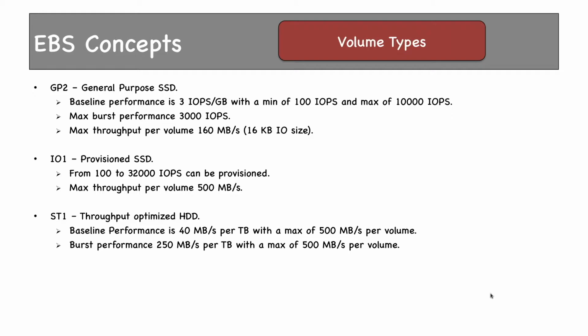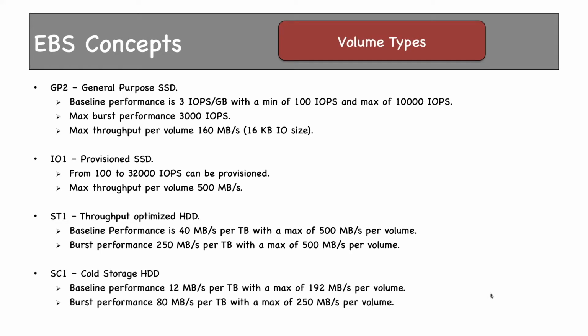ST1 also provides burstable capability. The concept is exactly similar to that of GP2. Burst performance can be from 250 megabytes per second to 500 MB per second. Finally, we have cold storage or cold HDD volumes or SC1. SC1 is also HDD backed storage volume with lesser baseline performance than that of ST1.